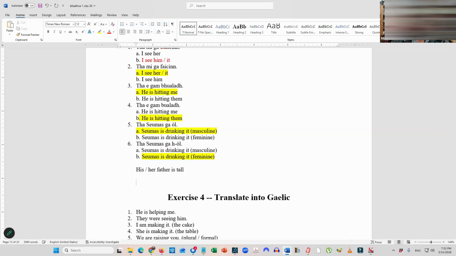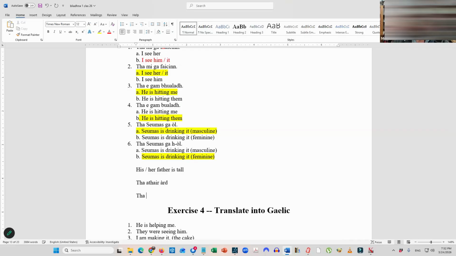Ha, her art. This would be her father, and this would be his father.